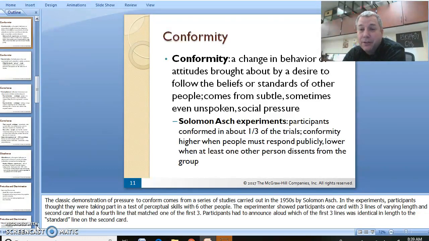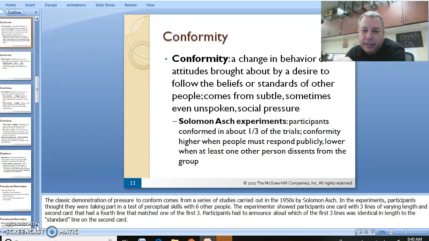That could have meant you got kicked out of the tribe, and you had to survive on your own, and getting kicked out of the tribe pretty much meant that you were going to die. So with conformity, we conform to the group in order to not stick out.